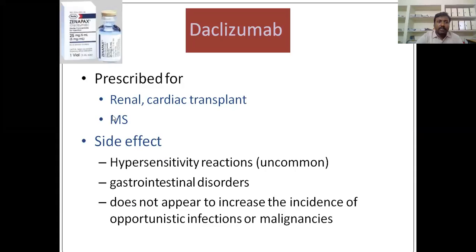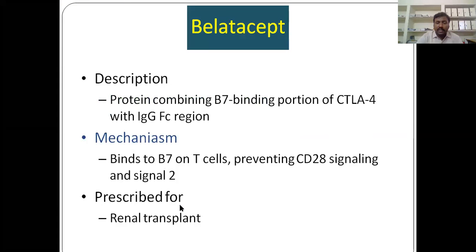Daclizumab is also prescribed for renal and cardiac transplantation. Those are its side effects. And belatacept is a protein combining the B7 binding portion of CTLA4 with the immunoglobulin Fc region. It binds to B7 on T cells, preventing CD28 signaling, signal 2.